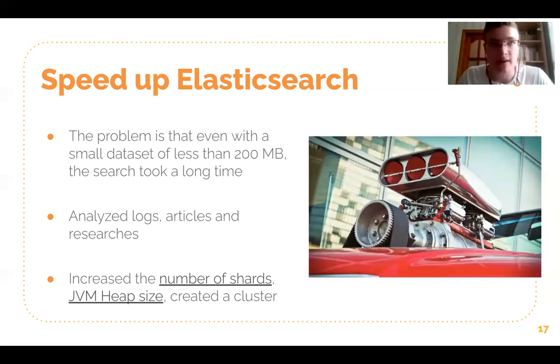But when we set up a really large number, approximately 100 shards for 4 nodes of Elasticsearch, it can have worse performance than even 3 shards. So we researched this topic and found out that the value of 3 shards is optimal for our configuration.